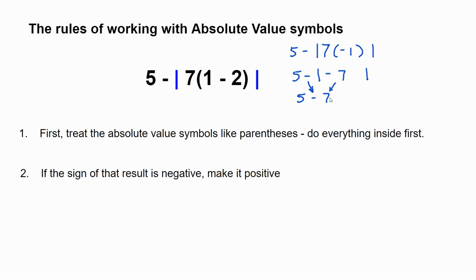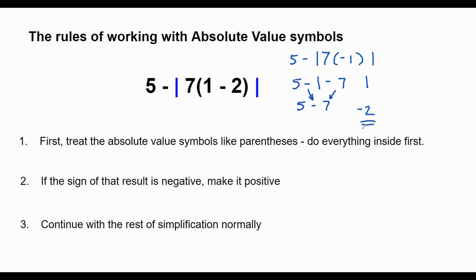We ignored that. We made it positive 7. And then finally, we continue with the rest of the simplification. Normally, that gives us a result of negative 2. 5 minus 7 is negative 2. So the important point is that just because there's an absolute value symbol involved, it doesn't necessarily mean that the ultimate answer will be positive. It's just whatever is in the absolute value symbol will be positive.